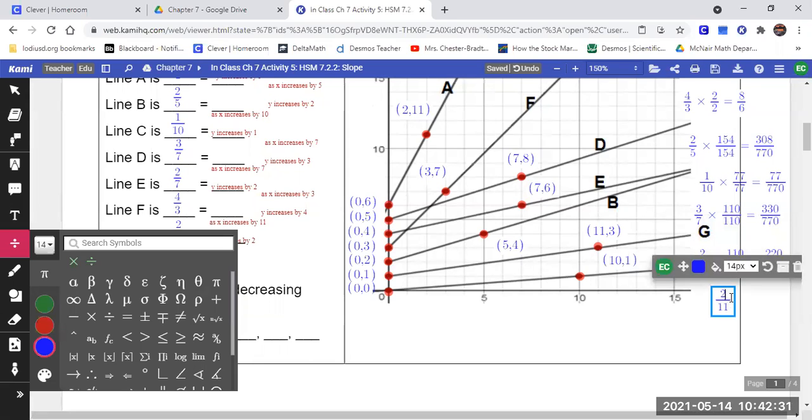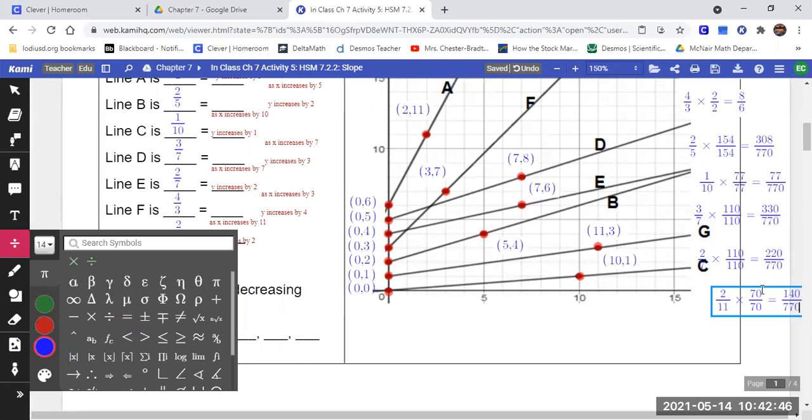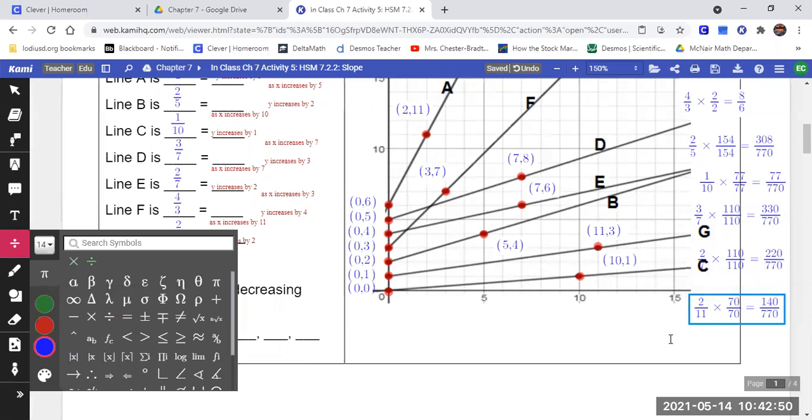And then the 11 is going to multiply by 10 times 7, which is times 70 over 70, which gets 140 over 770.